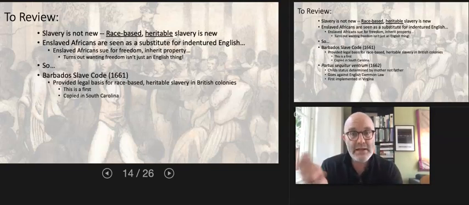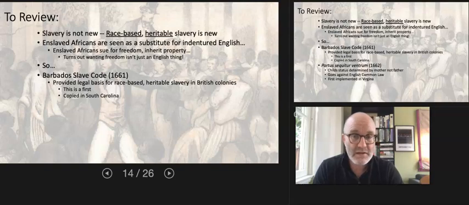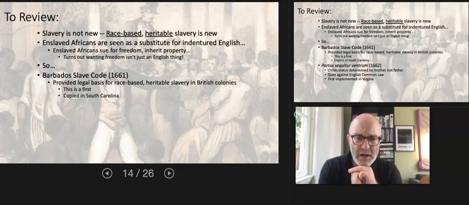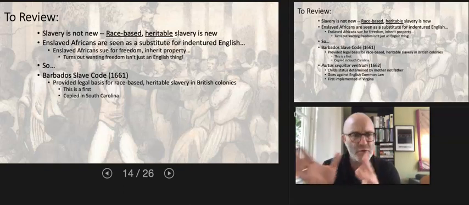So what we see is a series of anti-black, pro-slavery laws, starting in Barbados in 1661, the Barbados Slave Code. Very, very violent, very harsh, punitive measures, almost like torture, some of these things in the black codes, the slave codes.